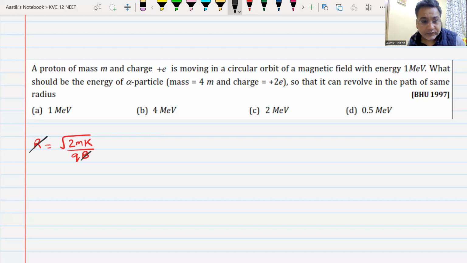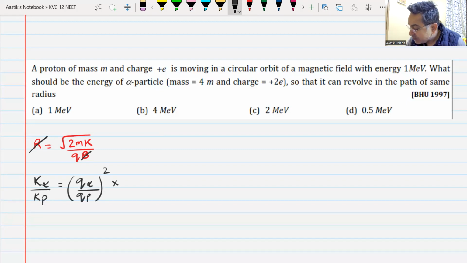So from there you can write kinetic energy of alpha particle divided by the kinetic energy of the proton will be equal to Q of alpha particle divided by Q of proton, squared, multiplied by mass of the proton divided by mass of the alpha particle.